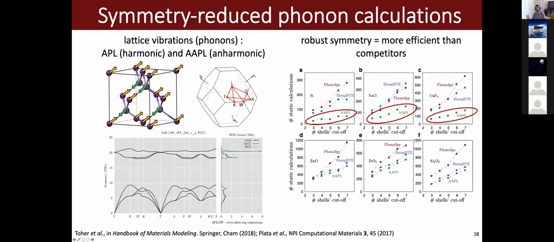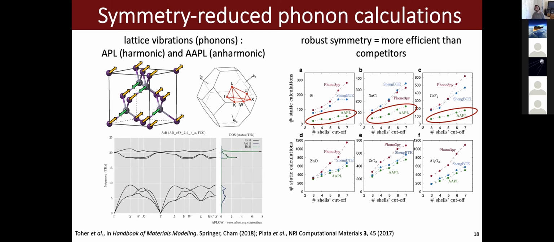So there are a couple of different phonon packages in the community. And here, basically, we're showing the cost, or the number of calculations, versus the shell cutoff. And you can see that in general, the AFLOW phonon package requires a fewer number of static calculations. So it's more computationally efficient.